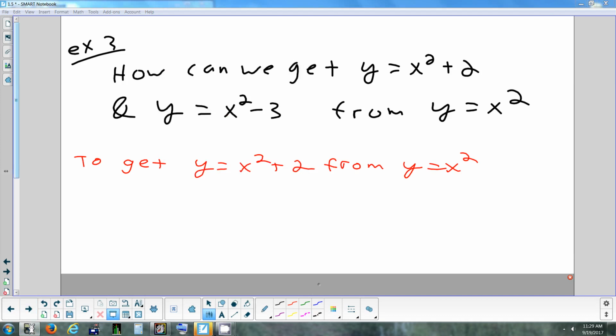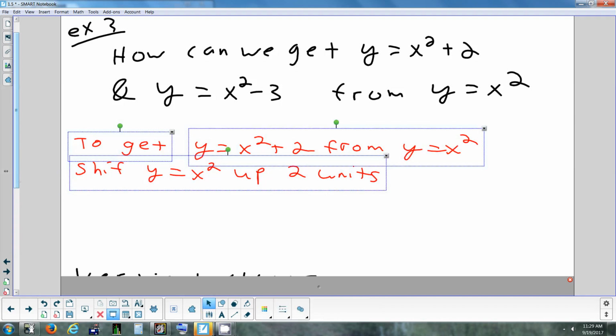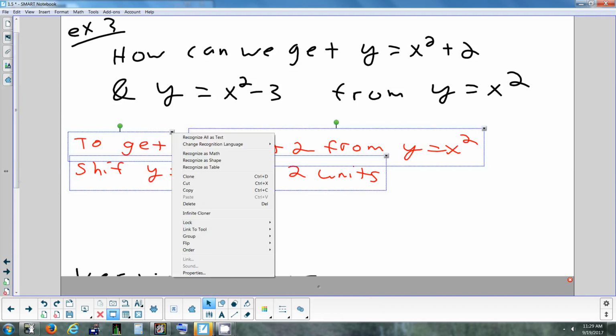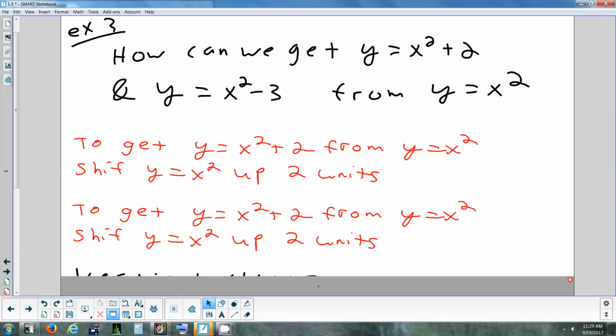So to get y equals x squared plus 2 from y equals x squared, shift y equals x squared up 2 units. All right, and the other one. Do you treat this like 2 different problems? Yeah, these are 2 separate problems. Yep.